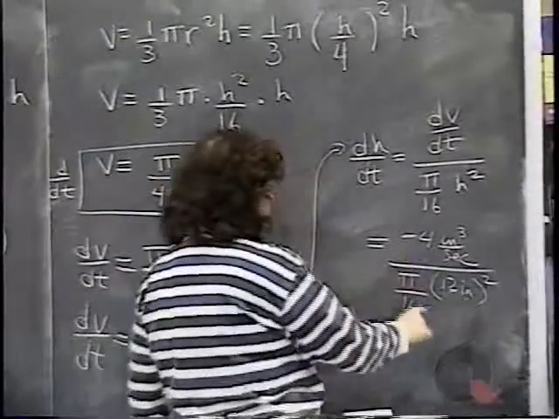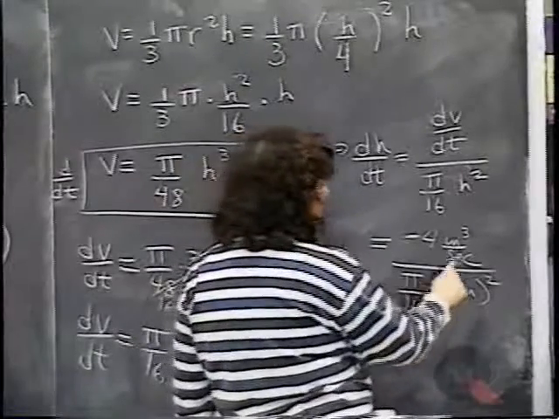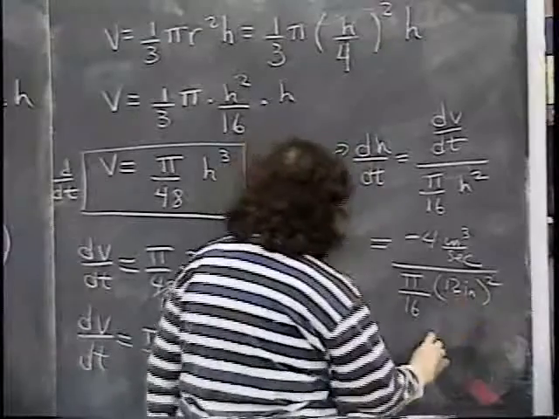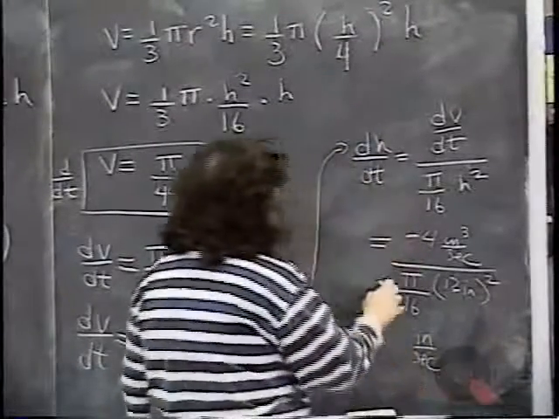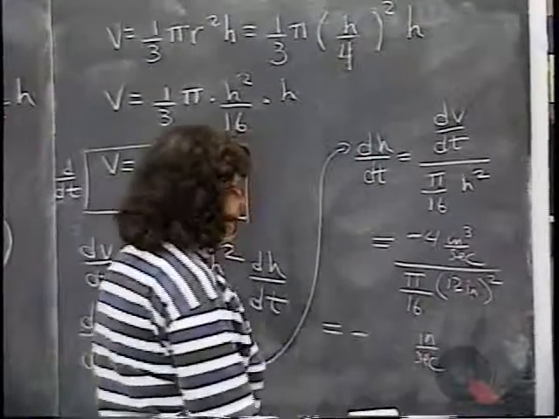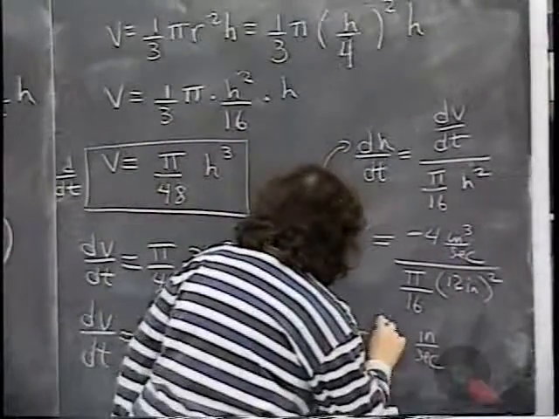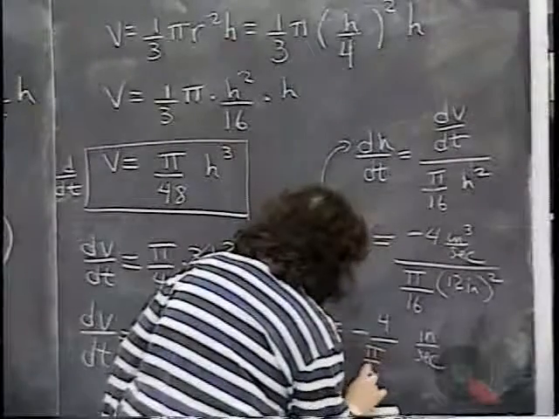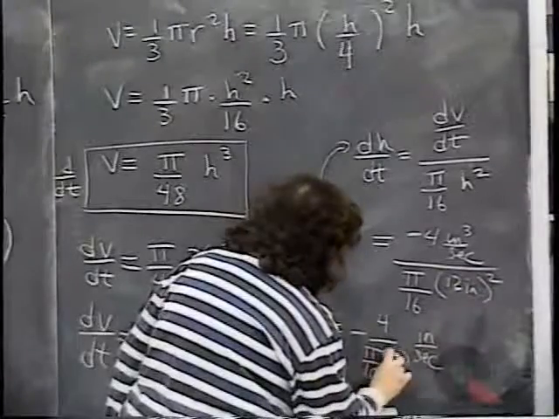So let's see what we have. We have a minus sign. We have cubic inches per second divided by square inches. So we expect to end up with inches per second, which would be suitable because we'd want a height unit over a time unit. That makes sense. Let's see, we have in the numerator 4, and in the denominator we have pi over 16 times 12 squared, which is 144.